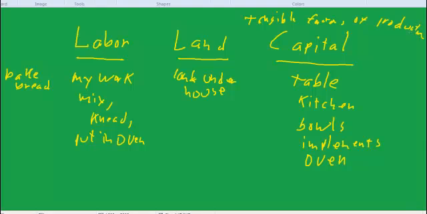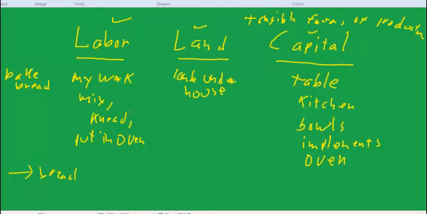Now, what about things like, so we sort of made it sound like if these are the factors of production and what we get out of it is bread, that if you put in some labor, some land, and some capital, out comes bread.